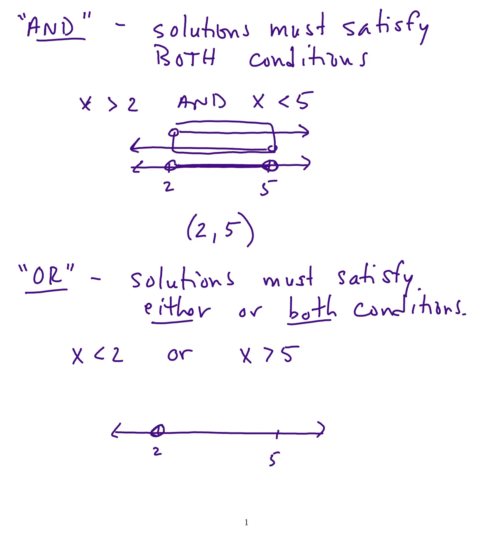Numbers less than 2 look like this, and numbers greater than 5 look like this. There's no overlap here, but since this says or, that's okay. In interval notation, that looks like this: negative infinity to 2, and then we use this symbol for union, 5 to infinity.